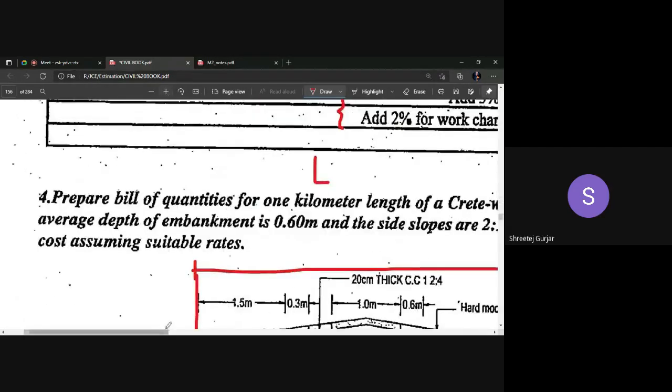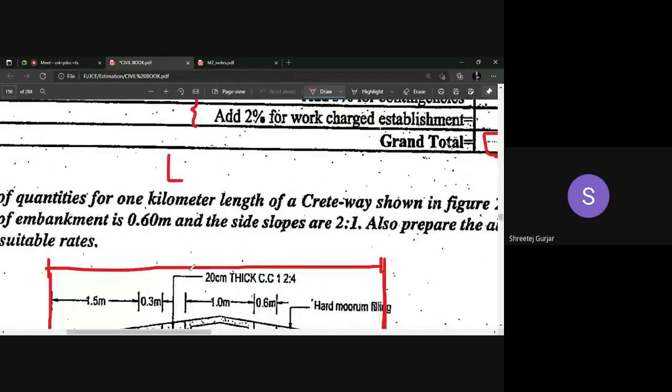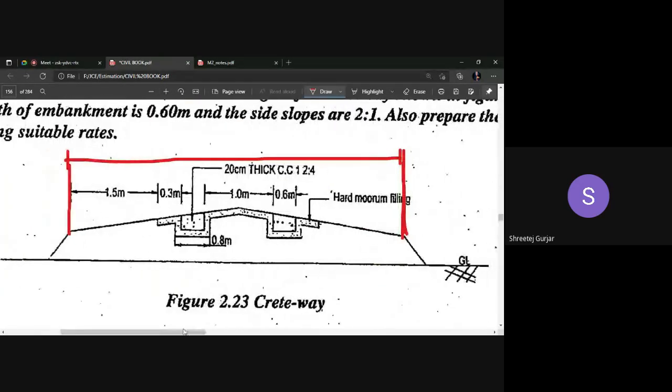Let me zoom in for you if you are not able to see. I'll give you a hint: you can divide this into half, calculate this, and then multiply by 2.